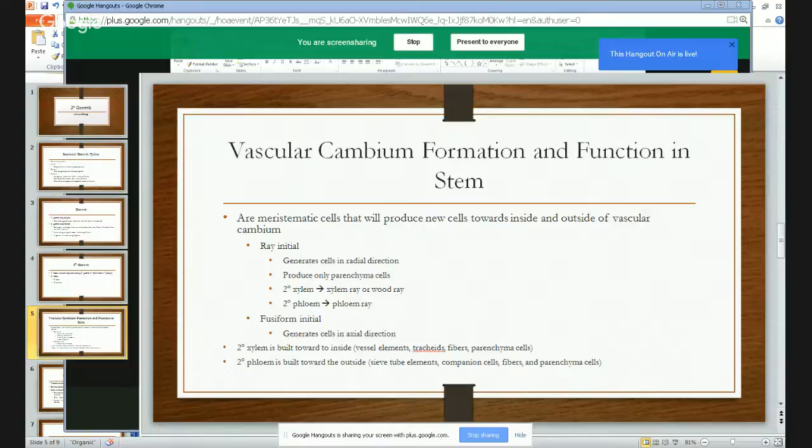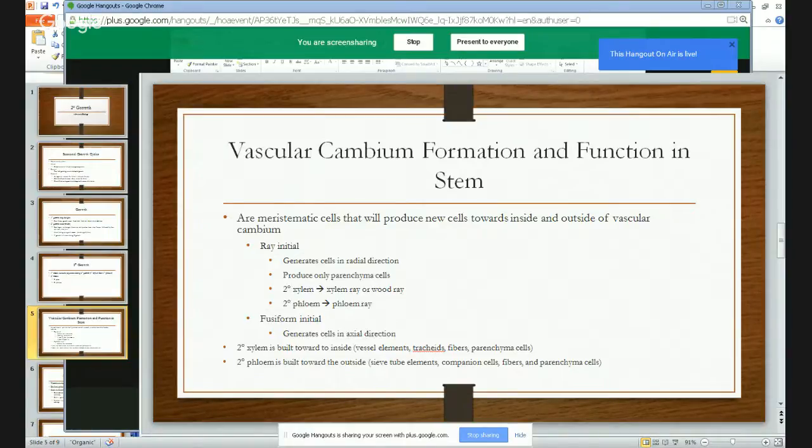So when your vascular cambium is going through that secondary growth, it's going to produce the secondary xylem, and that's going to be pushed towards the inside. So you're going to be making vessel elements and tracheids and fibers if you're the fusiform initial.